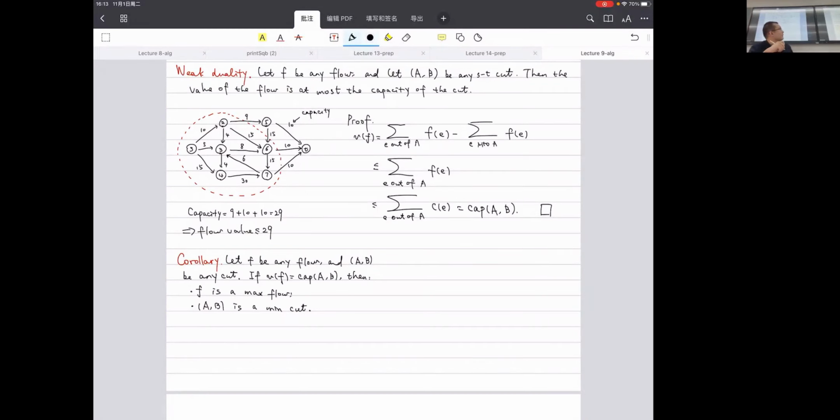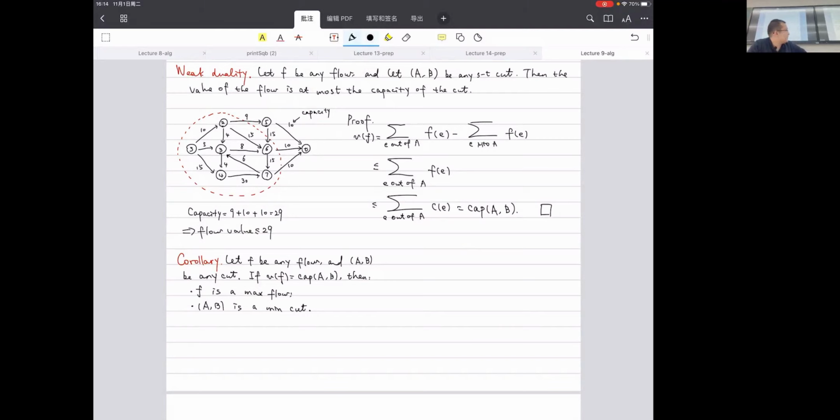This is a direct corollary of the weak duality lemma, because in the weak duality lemma we proved that the value of the flow is at most the capacity of the cut, where the flow and the cut are both arbitrary. If for a certain flow and a certain cut, the value of the flow reaches the capacity of the cut, then it is straightforward that the f you chose must be a max flow.